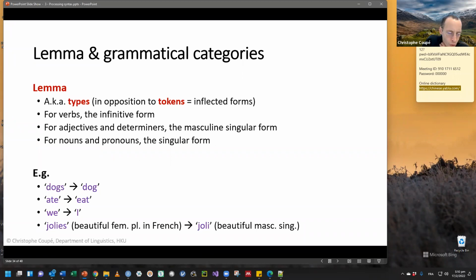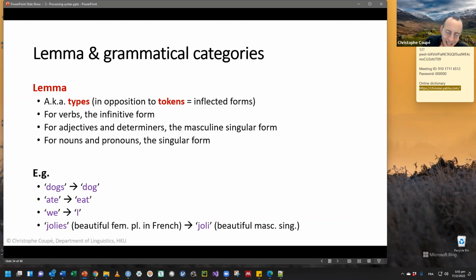Usually when you consider verbs, the lemma is the infinitive form. If you consider adjectives and determiners, the lemma is the masculine singular form. For nouns and pronouns, that's the singular form rather than the plural. So if you have dogs, the lemma is dog.